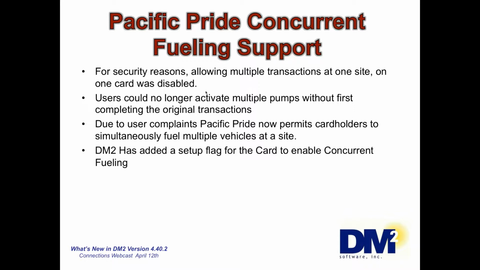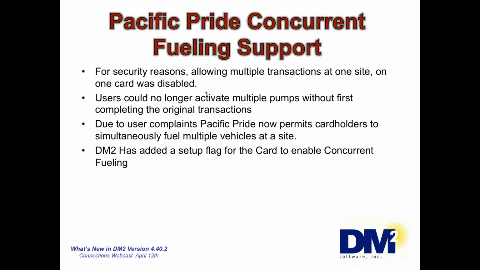So somebody would swipe a card, start the pump, swipe a card, start the pump. The pumps are running simultaneously, and the Pacific Pride would allow that to happen. So for security reasons, they stopped that and said that these transactions couldn't happen. You couldn't have concurrent transactions.